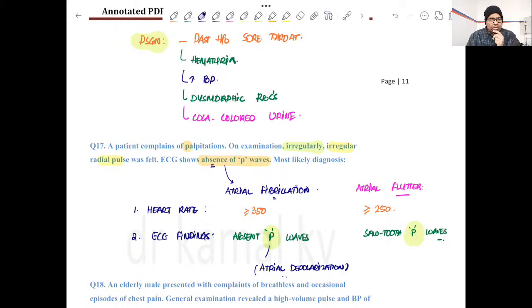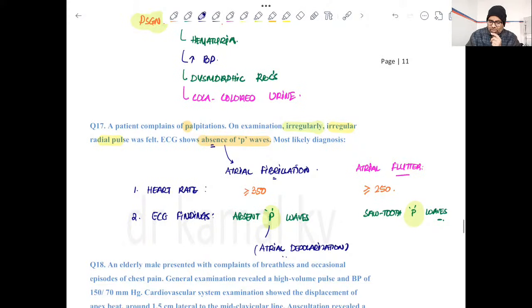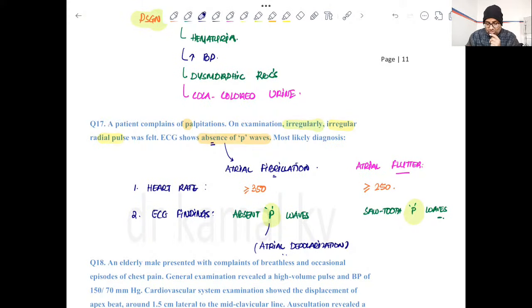There is no proper contraction because the heart rate is so fast. So what the atrium is doing is simply vibrating, and if it is vibrating, it will not produce any noticeable P wave, right? And therefore the term is fibrillation. Fibrillation means simple vibration. So this is atrial flutter, atrial fibrillation, and I'm very sure you won't mix up.